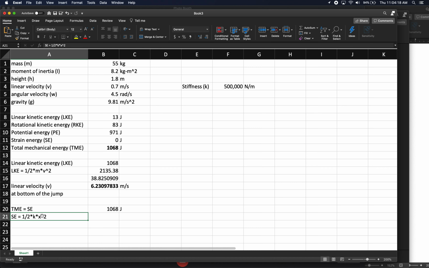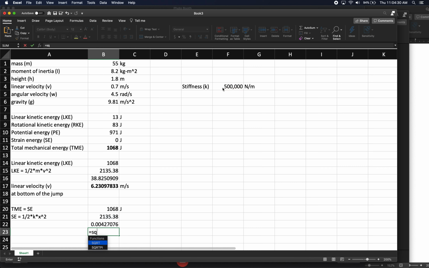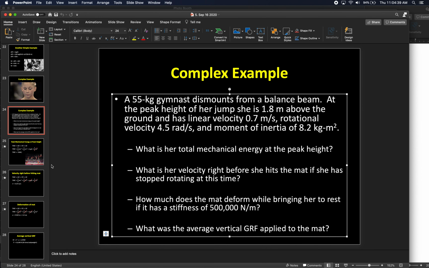Now we just need to solve for x. So I'm going to multiply by 2 to get the 1/2 out of the way, divide by k, my stiffness, and then take the square root because it's x squared in that equation. And I get 0.065, which is the answer that I gave you here.